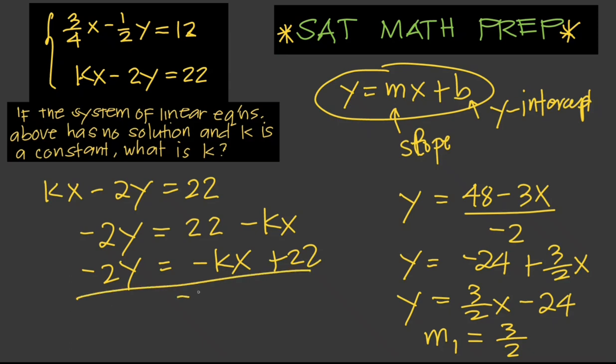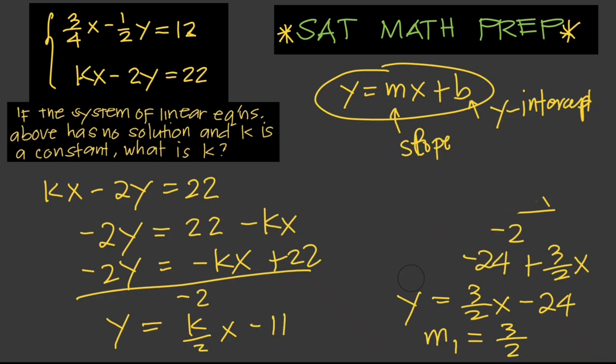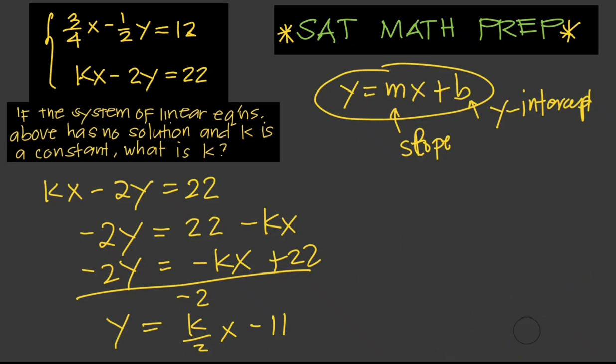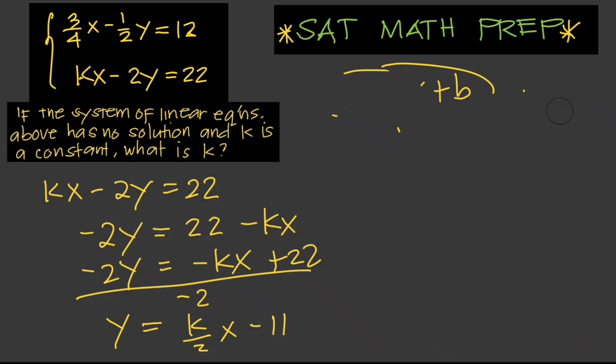We divide both sides by negative 2. This would be y equals k over 2 x minus 11. So the slope of our second linear equation, m2, is equal to k over 2.